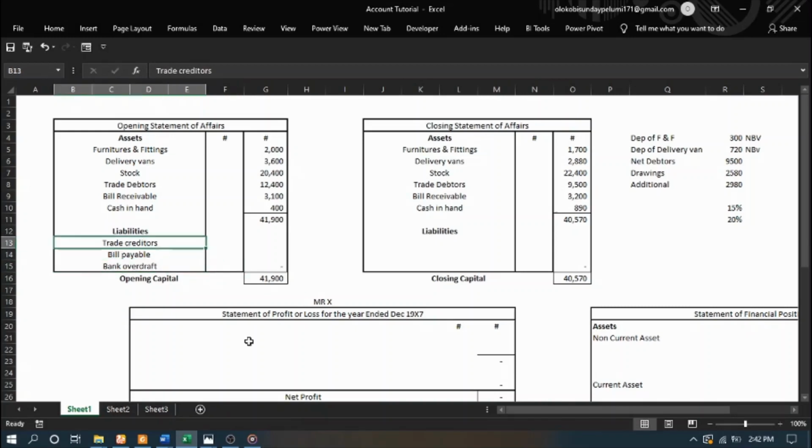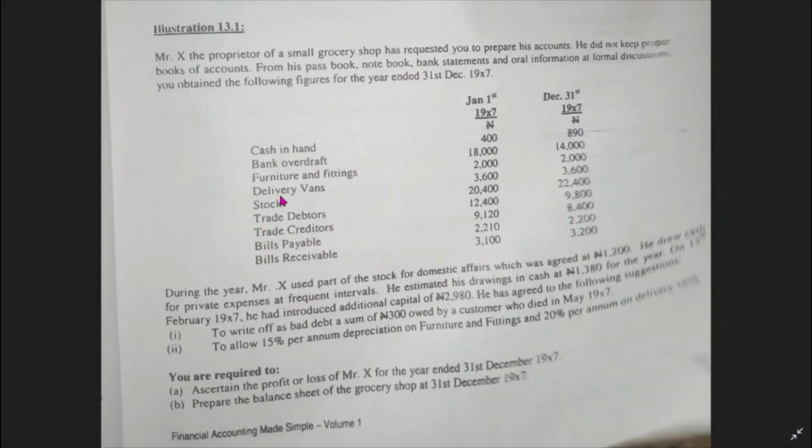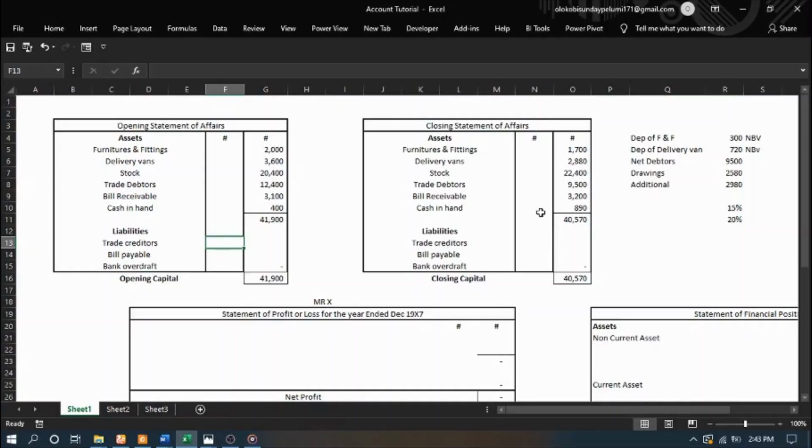Okay, simply copy that. So what is the amount of trade creditor? Trade creditor is 9,120 and 8,400.